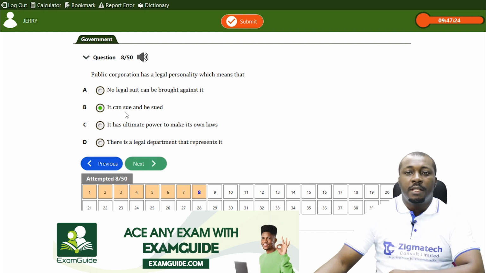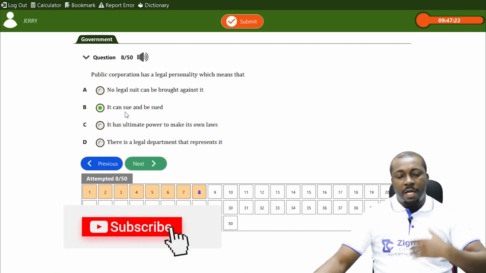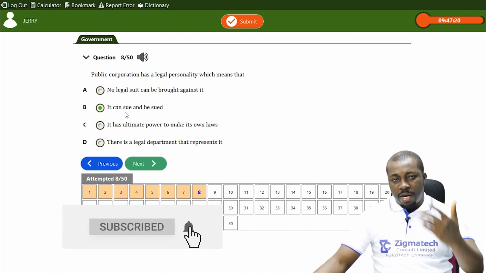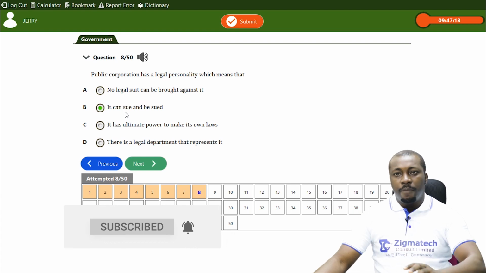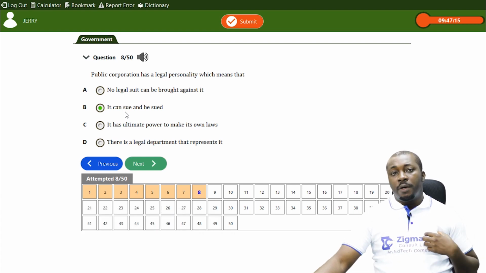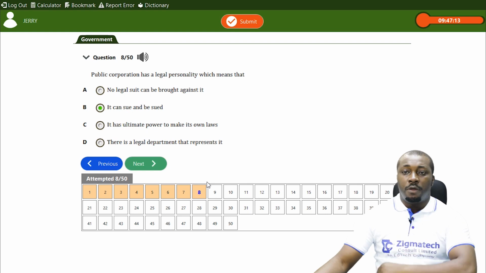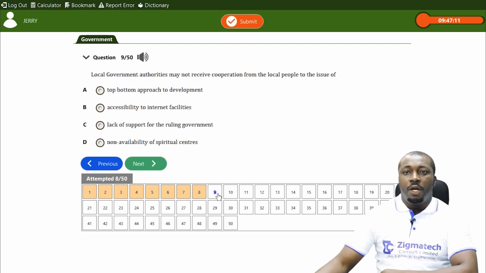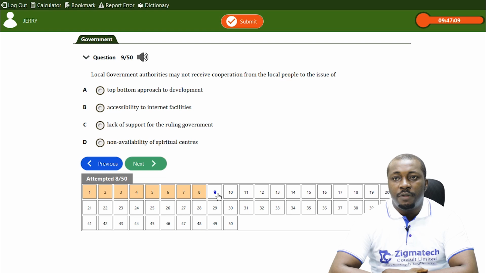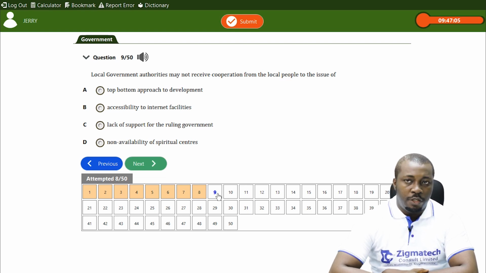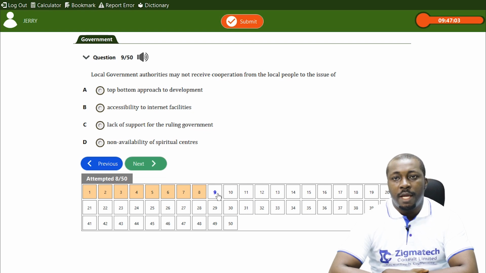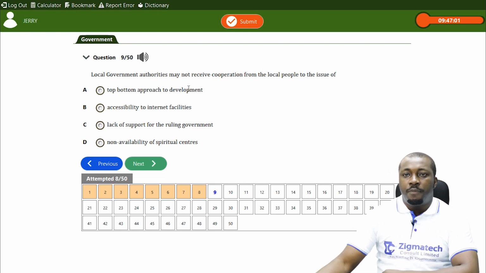So it's B, it can sue and be sued. So it can take somebody or anybody to court, or group, and also anybody or group can sue it to court. Now, local government authorities may not receive cooperation from the local people on the issue of: is it A, top-bottom approach to development?